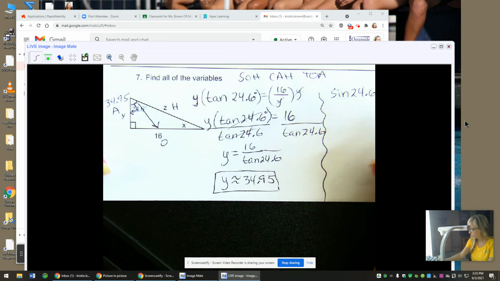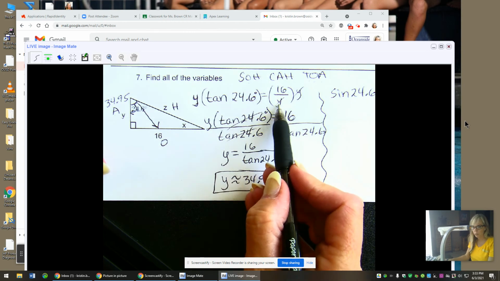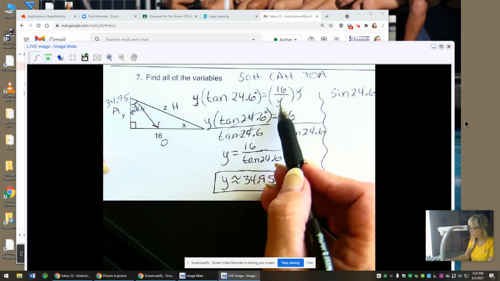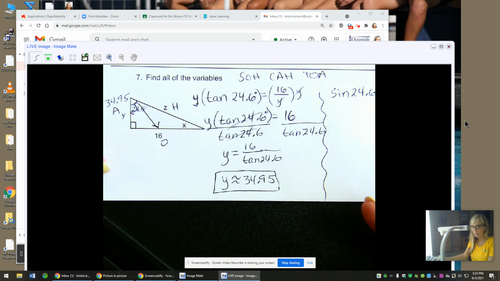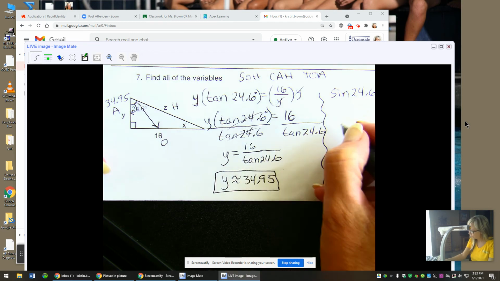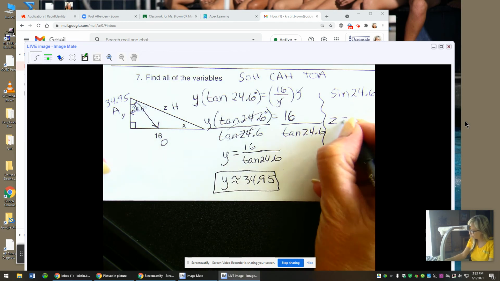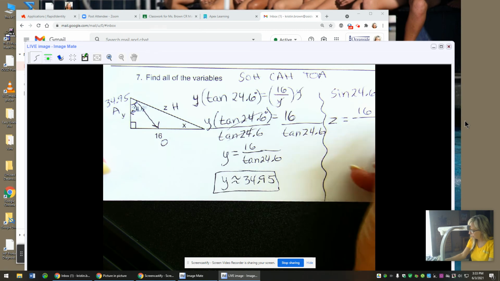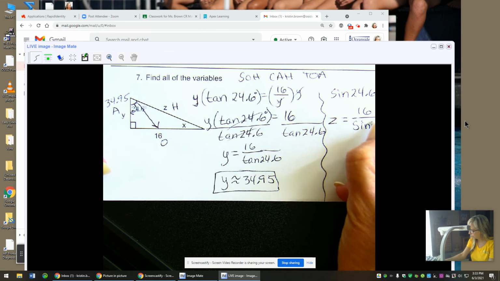Opposite on top, hypotenuse on the bottom. Just like the last one, our variable was down below. So yeah, we could multiply by z, and then in the end, we're going to end up dividing, just like the last one. So let's jump right to it. Z is going to be 16 over sine of 24.6.